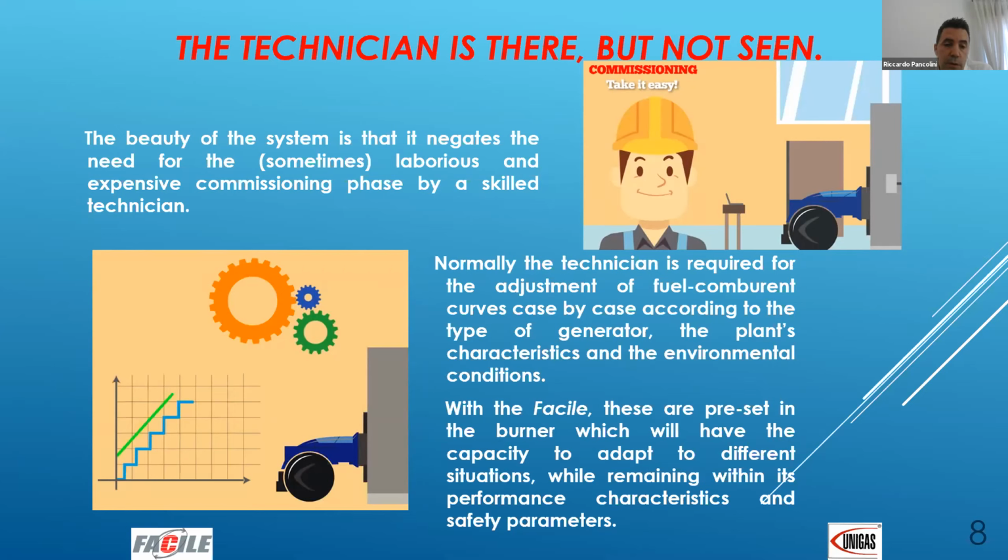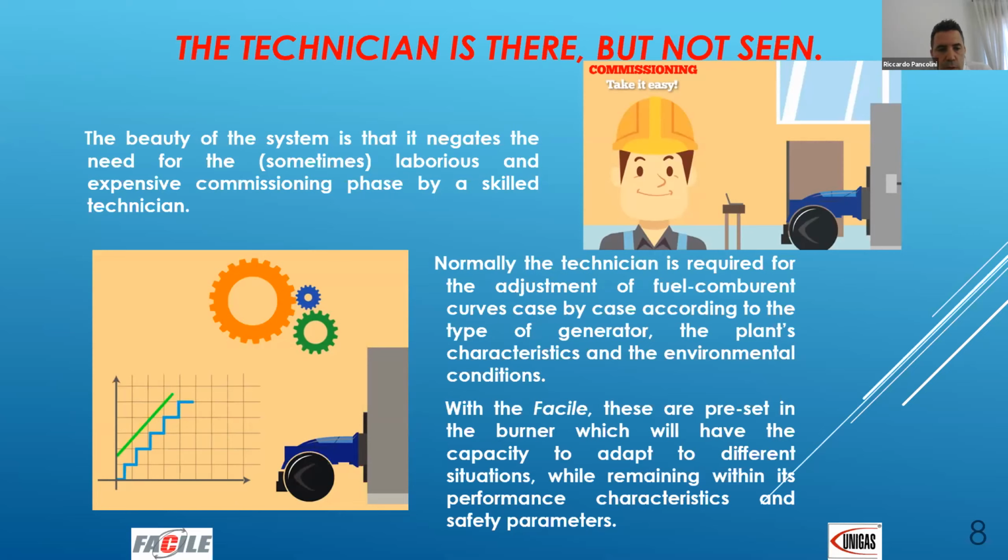In these 10 minutes, the system auto-adapts the position of the actuators of gas and air to create the best performance curve ratio between air and gas, and with the best performance at the emissions. That means the emission levels on the chimney, without a probe, without a closed chain control.